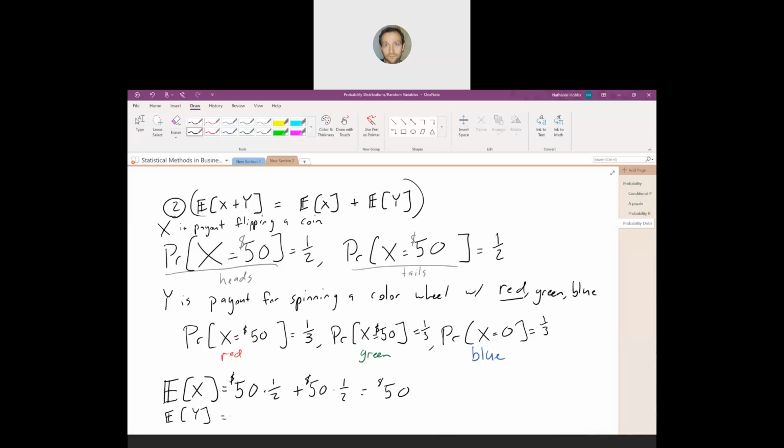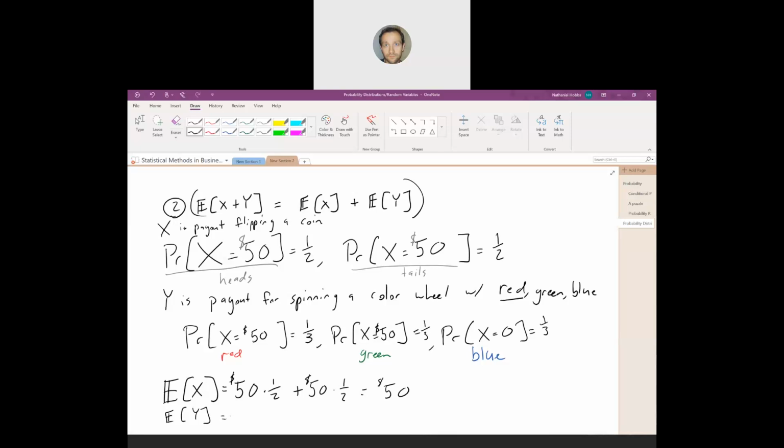Two-thirds gets me $50. Not quite right. Red and green will give you $50, yeah? So you have a 2/3 chance of getting $50. You have a 1/3 chance of getting $0.